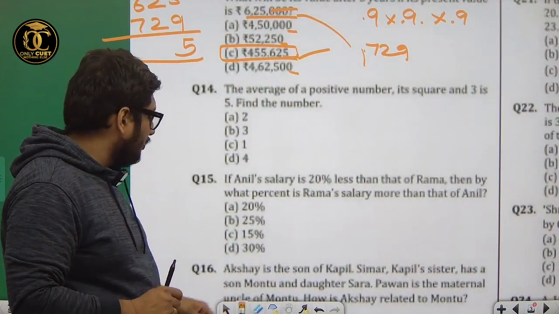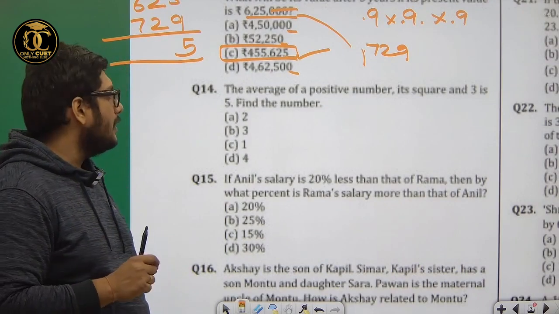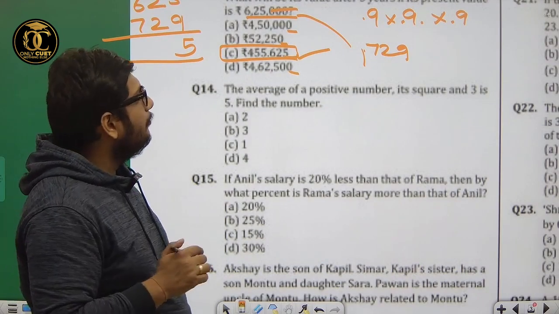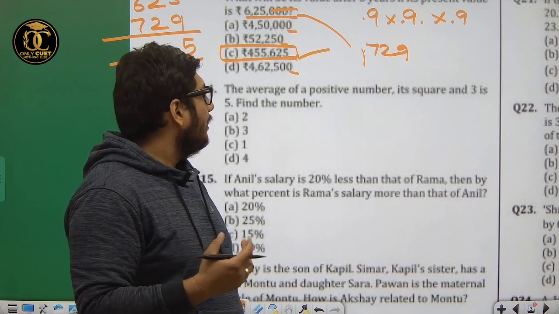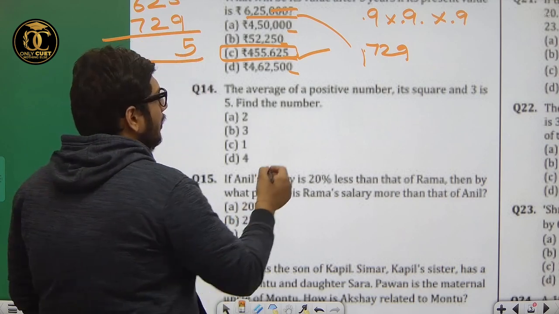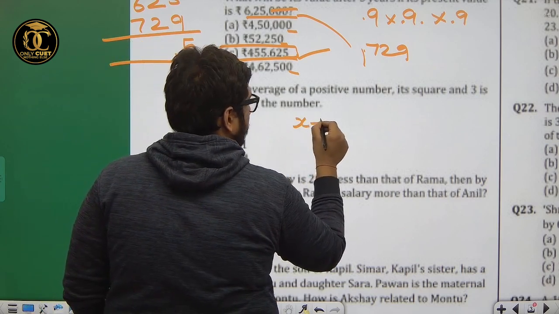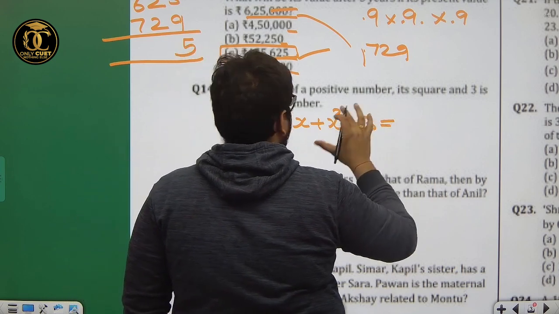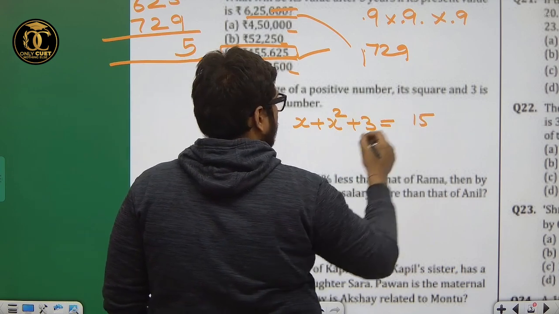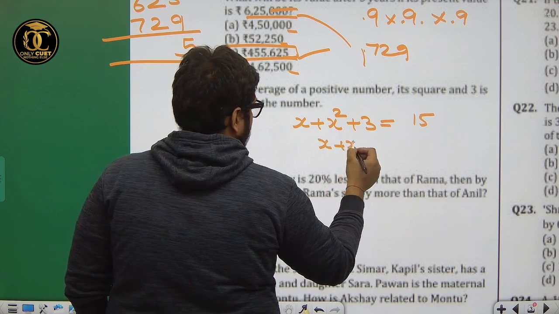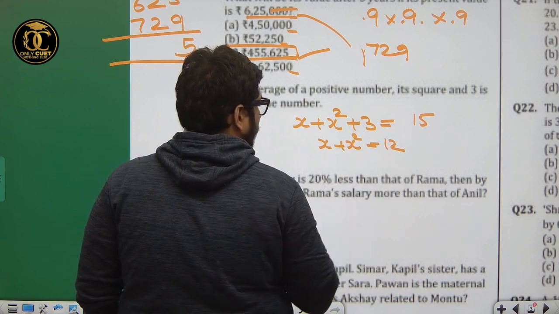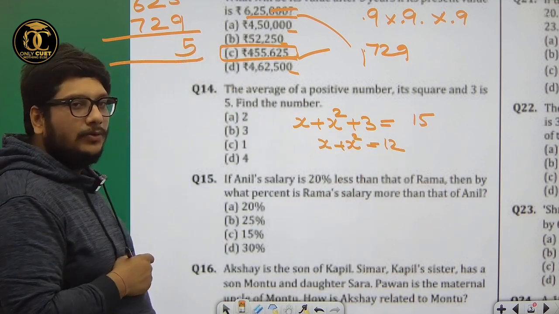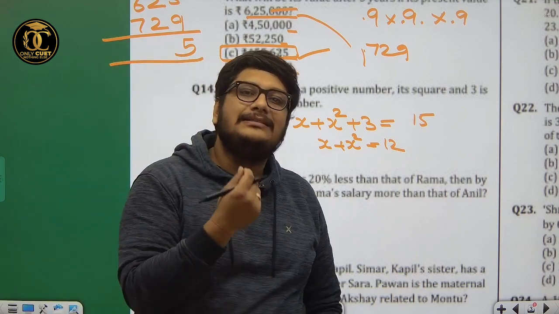Now looking at question number 14, one of the good questions that was asked this year. The average of a positive number, its square, and 3 is 5. That is, the average of x, x square and 3 is 5, so the total is 15. That is, x plus x square is equal to 12. Now either you can solve this quadratic or this is very easy, hit and try.